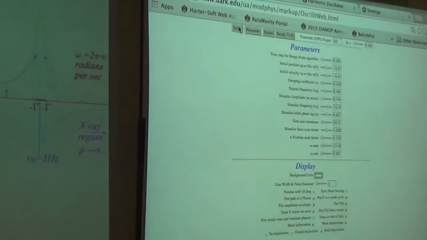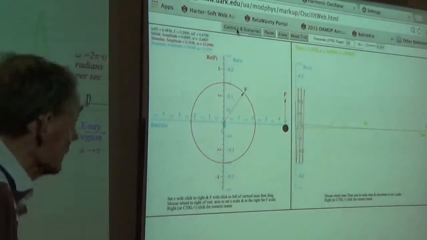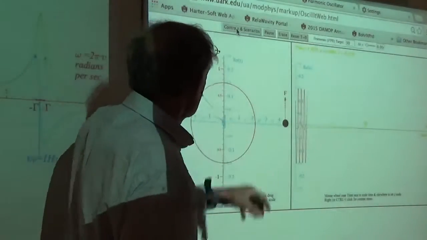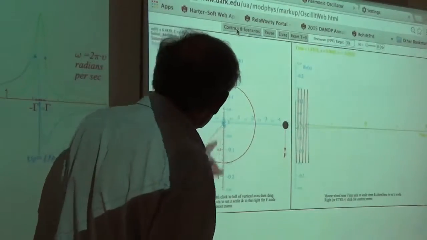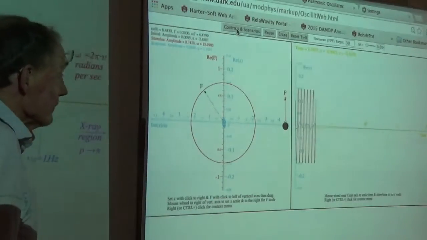Okay, there's a stimulus that's more than twice as fast as the natural frequency of the oscillator. Let's give that a run through here. And you can see it's faster, right? And you can see very clearly that it is nearly pi out of phase. In fact, it's 3.1; 3.14 is pi. This thing is within a few percent of pi.